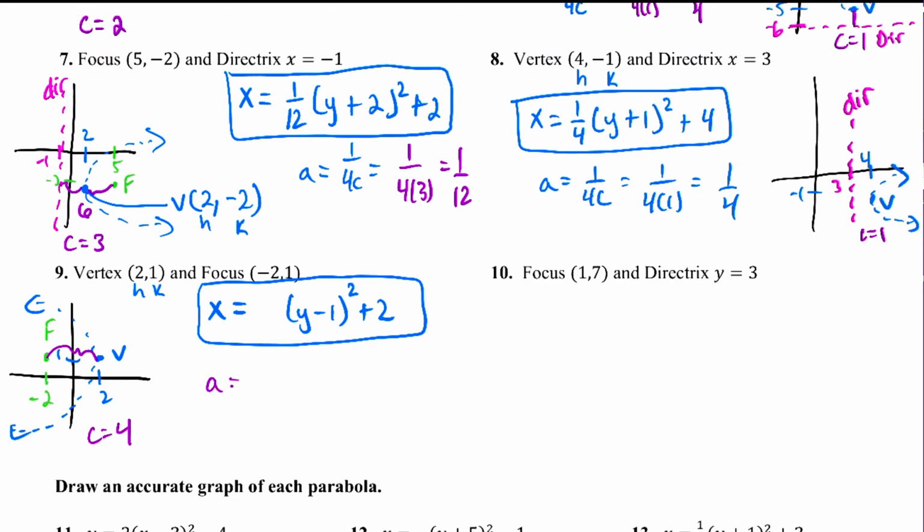So using A equals 1 over 4C, I'm going to substitute that in. So this will be 1 over 4 times 4, which is 1 over 16. And then because it is opening to the left, I have to make my a value negative. So when I write this, I'm going to make this a negative 1/16.